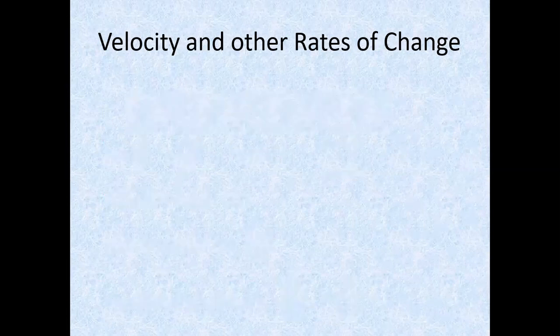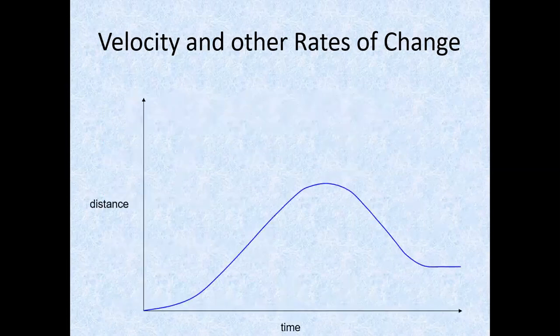second squared. For velocity and other rates of change, we have a distance and a time with a function. At this initial point from 0, when it is starting, the acceleration is positive and velocity is positive, and both are increasing in the positive direction.